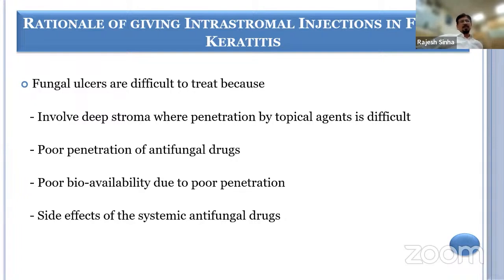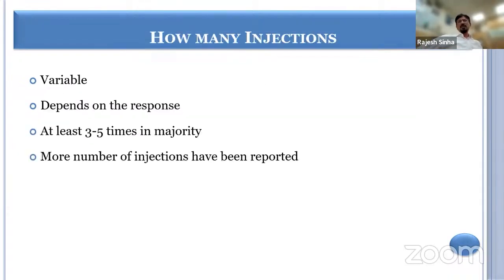That's why there's poor bioavailability of drugs. And many times, because of this reason, you have a tendency to prolong your intensive topical medication, which further causes surface toxicity. And that is where one should think about giving the intrastromal or intracameral injections.